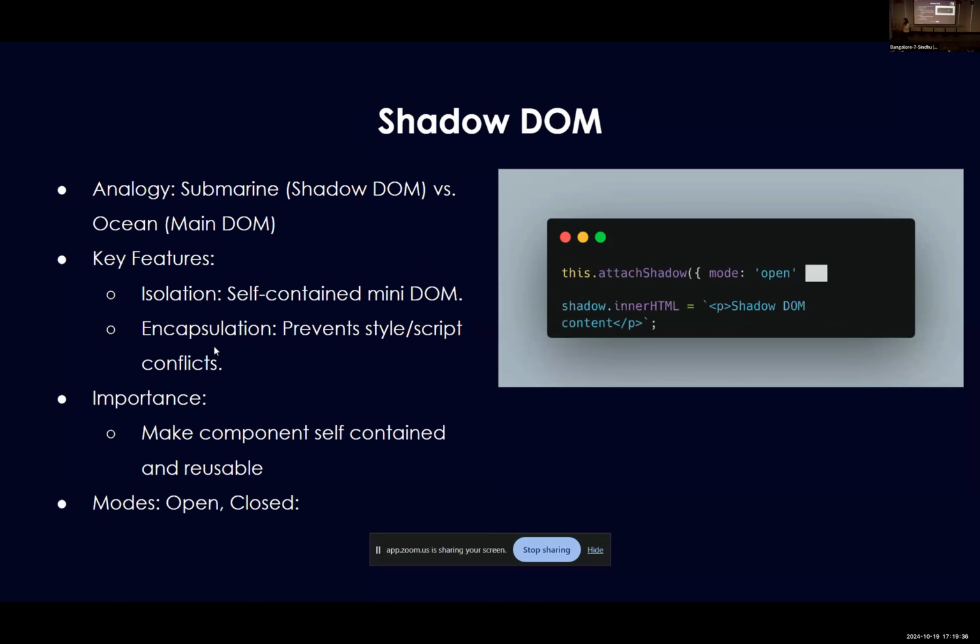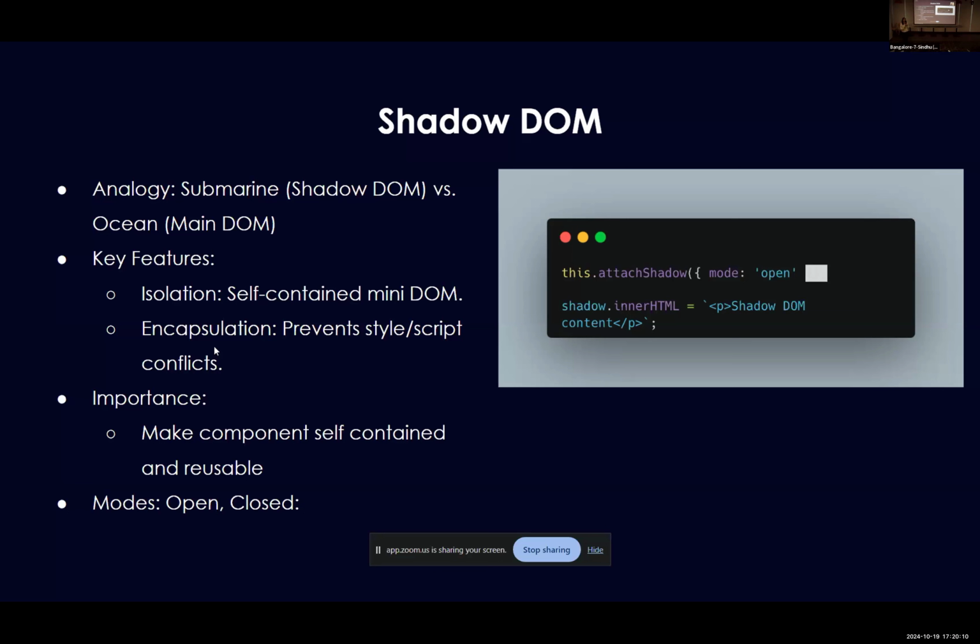Next is the shadow DOM. This is really a core principle of web components. I'll tell you one analogy. Assume a submarine is traveling deep into the ocean. Assume our ocean is our web page and the submarine is the shadow DOM. The submarine is completely isolated from the ocean's external environment, like water pressure and temperature. Similarly, the shadow DOM is completely isolated from our other components, so they will not collide.